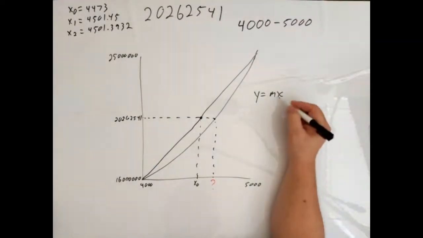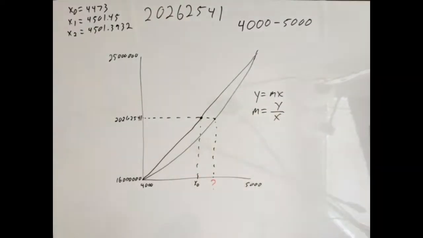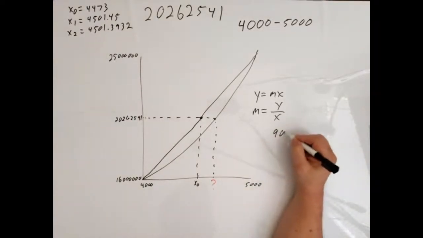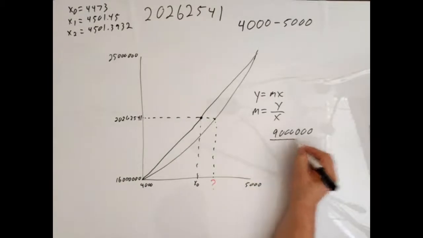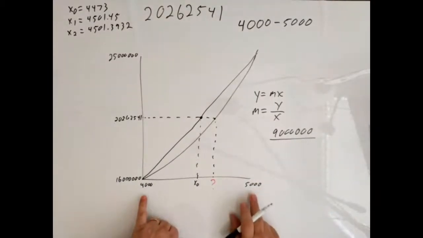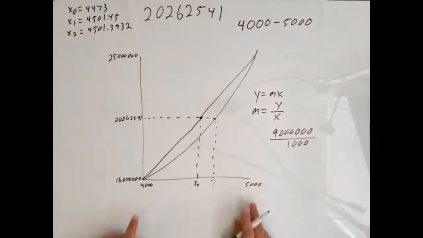Then, in order to find the slope, y over x. So in this case, y is 25 million minus 16 million, or 9 million. And in all cases for us, it's going to be 1,000 for the difference in x.